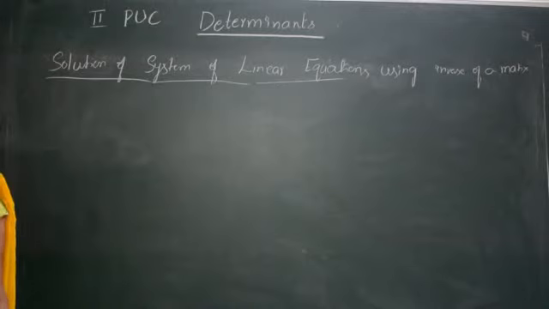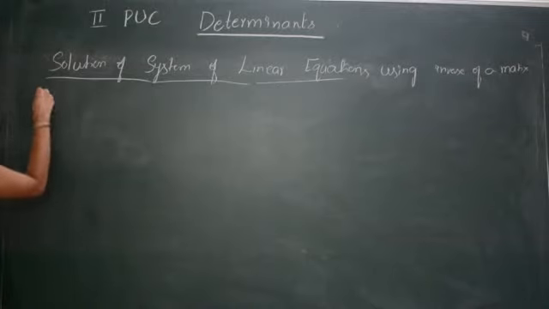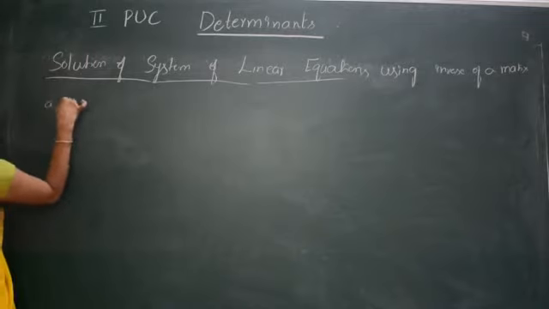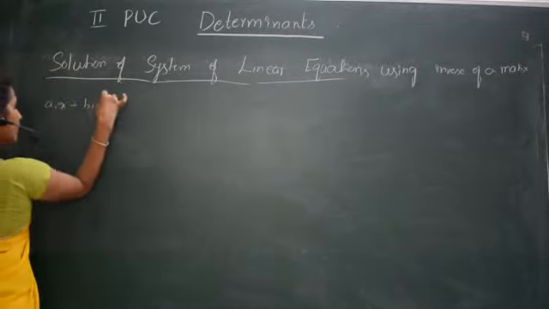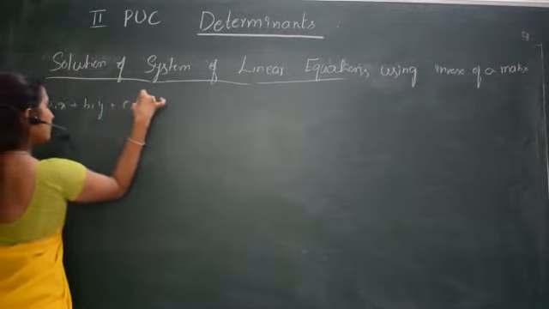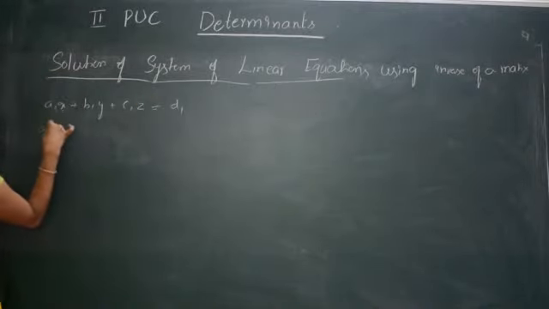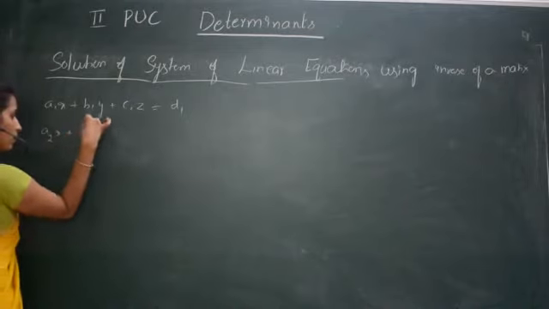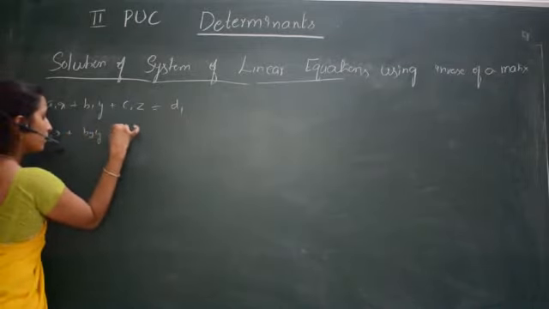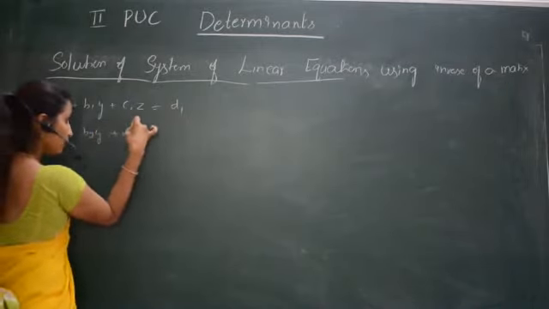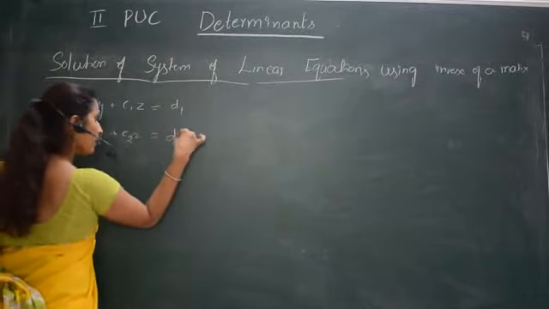First I'll consider a system of equations like a1x plus b1y plus c1z is equal to d1, a2x plus b2y plus c2z is equal to d2.